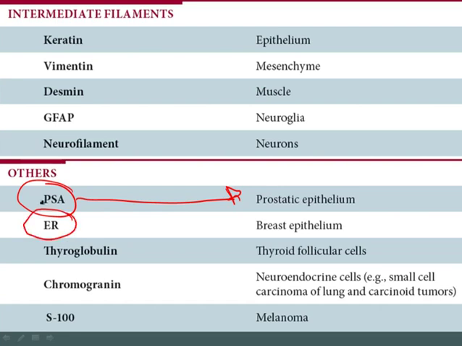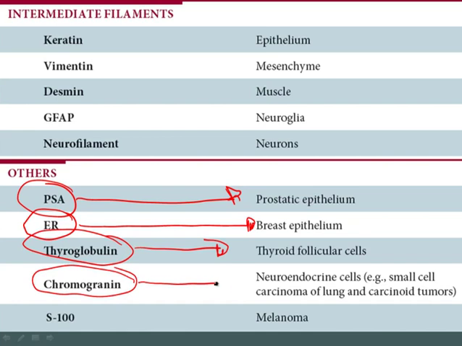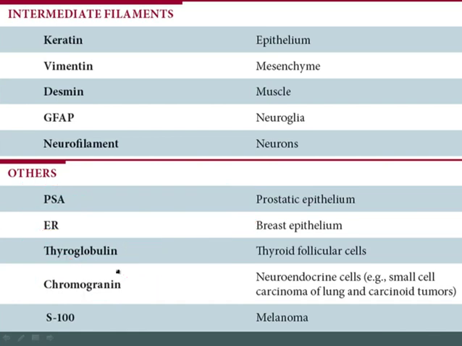And if the estrogen receptor is expressed in those cells, it's possible that I'm dealing with a breast cancer, because estrogen receptor is commonly seen in breast carcinoma. Thyroglobulin would help me to identify a thyroid cancer. Chromogranin would help me to identify neuroendocrine carcinomas. And I would say from my personal experience that chromogranin is a relatively high-yield stain to be familiar with. It's commonly tested by examiners.